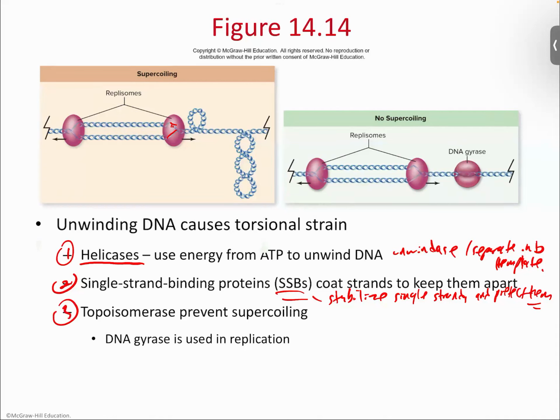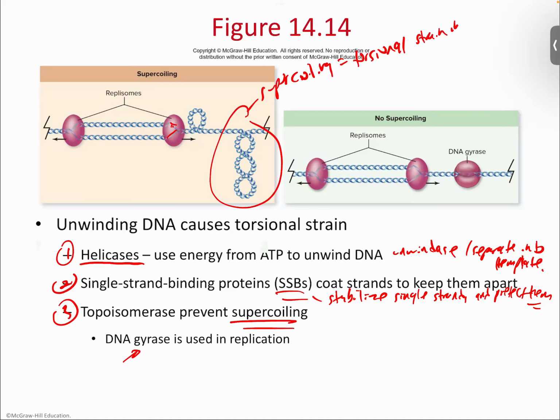The other big one, the third one, is what's called topoisomerase, of which gyrase is a type. So what this does is it basically prevents supercoiling, which you can kind of see here. Supercoiling basically is torsional strain in the DNA molecule. So think about it, it's very much like a rubber band, right?